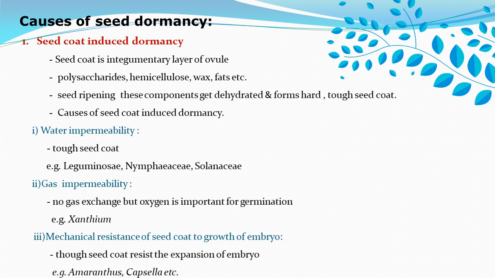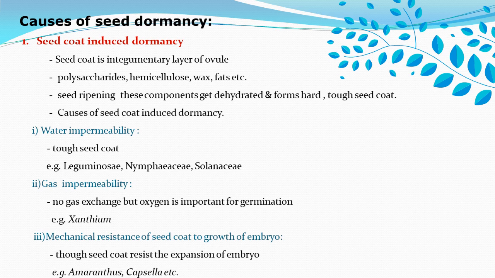Next, the mechanical resistance of the seed coat to the growth of the embryo. In this category of seed dormancy, it is mainly caused by the presence of a very tough seed coat, and this tough seed coat is resisting expansion of the embryo. It suppresses the development of the embryo, and due to the presence of an undeveloped embryo, there is no germination of the seed.